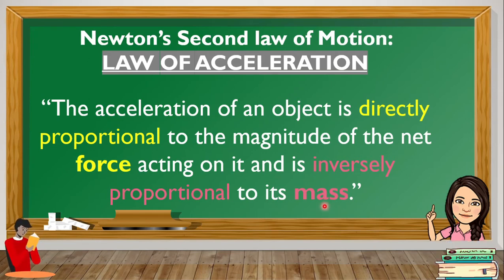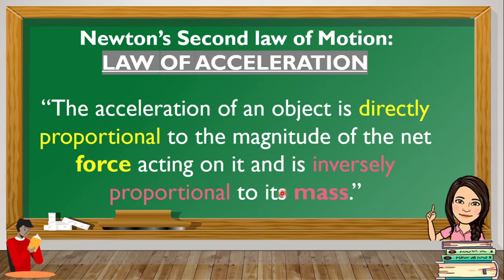The acceleration of an object depends directly upon the net force acting upon the object and inversely upon the mass of the object. As the force acting upon an object is increased, the acceleration of the object is increased.